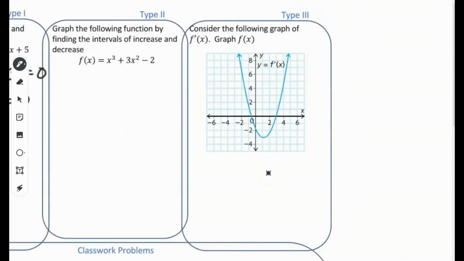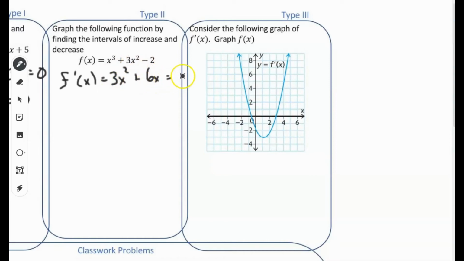Now the second example is going to take this one step further. It's going to say to graph this, or we're going to do a sketch of it by finding those intervals of increase and decrease. So let's first find the intervals. To do that, we're going to find the derivative, which equals 3x squared plus 6x.